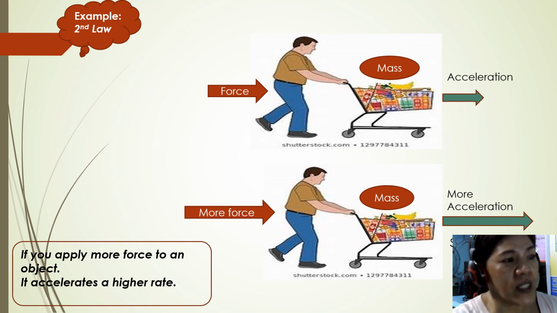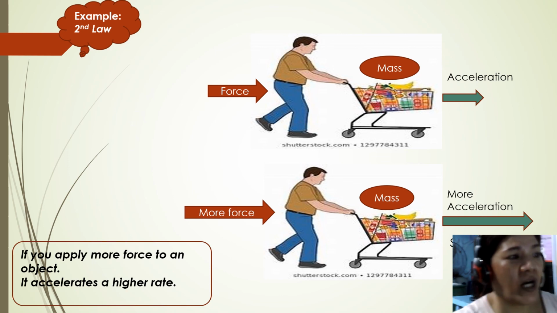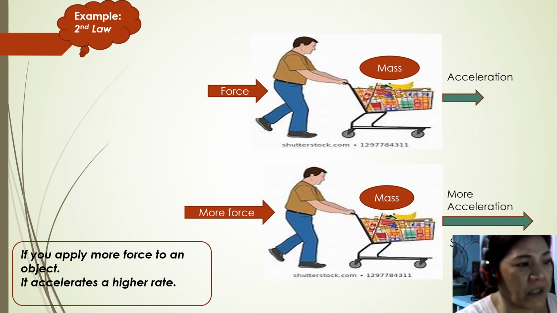The first figure, figure 1, tells us that the force applied by the man on the cart is lesser, and therefore, as you can see, the acceleration is also less. So less force applied, then less acceleration.